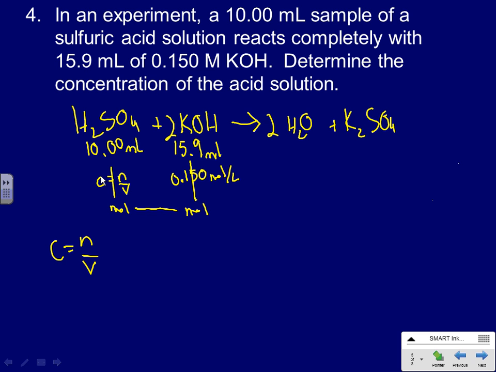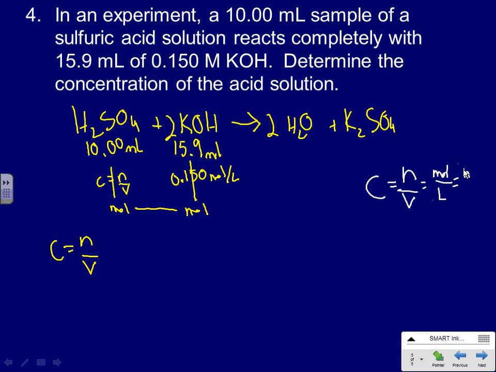Now, I'm going to do this a little differently. Let me just show you one other thing here off to the side. C equals N over V. That is our conversion factor for finding molarity. And I can get that by putting the number of moles over the number of liters. And that gets me moles per liter. But I can also get that in another way.